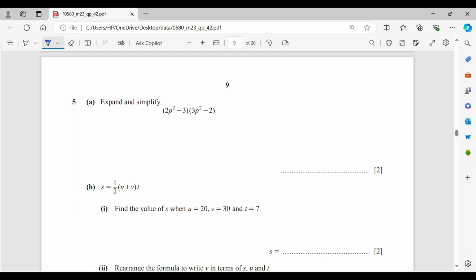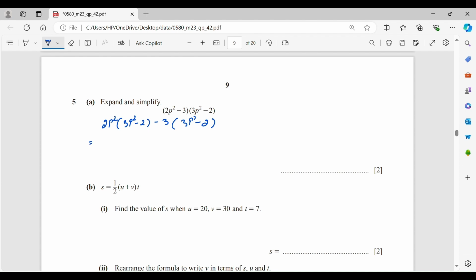Next, question number 5. Expand and simplify. For this question, we need to multiply 2p squared by the whole bracket. So this will be 2p squared multiplied by 3p squared minus 2, and minus 3 multiplied by 3p squared minus 2.